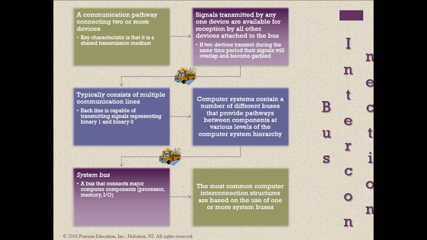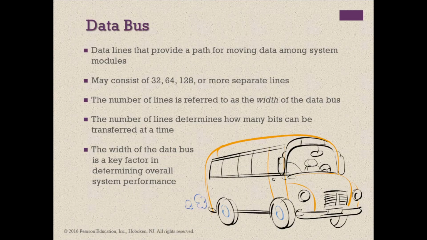Aside from the system bus, we have another bus, which is the data bus. A system bus typically consists of about 50 to 100 separate lines. The data lines provide a path for moving data among system modules. These lines collectively are called the data bus. This is only for transmitting data. The data bus may consist of 32, 64, 128, or even more separate lines, usually a power of 2, the number of lines being referred to as the width of the data bus.